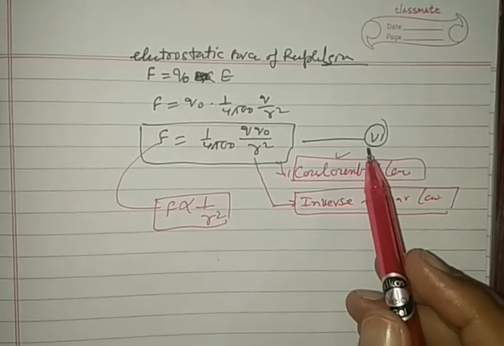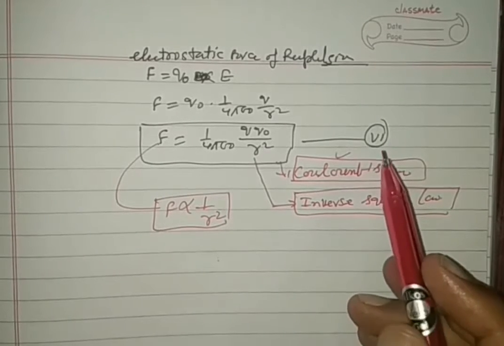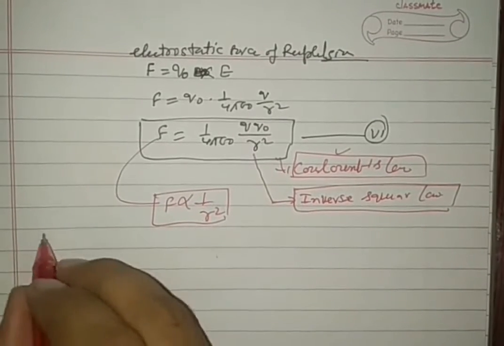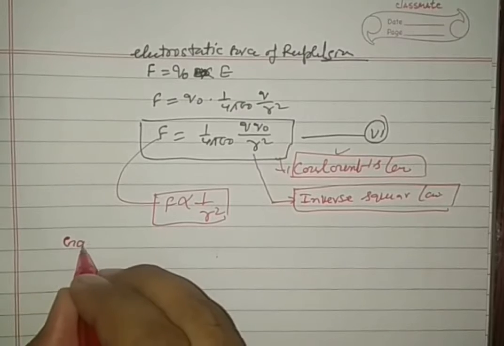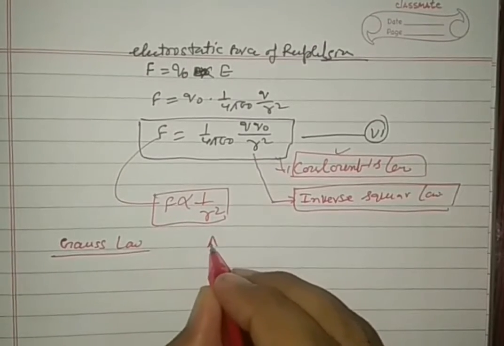Gauss theorem really explains Coulomb's law.